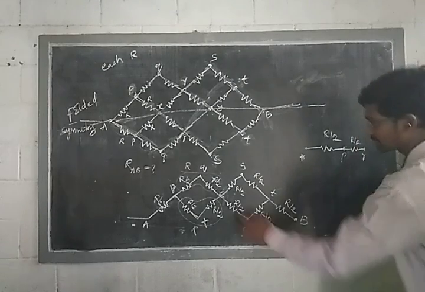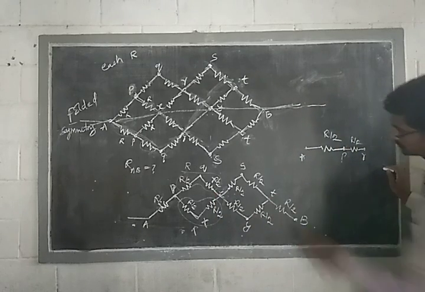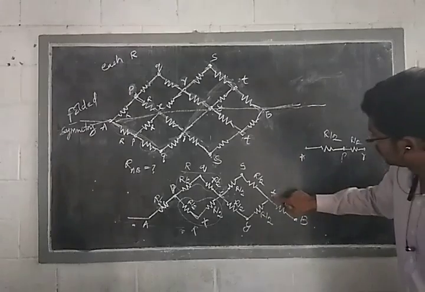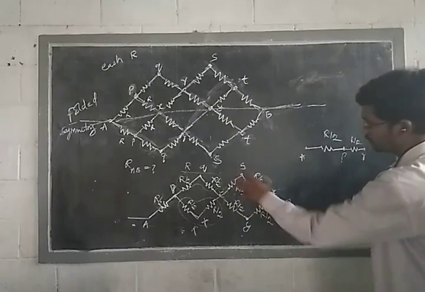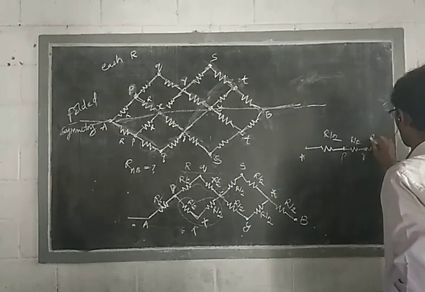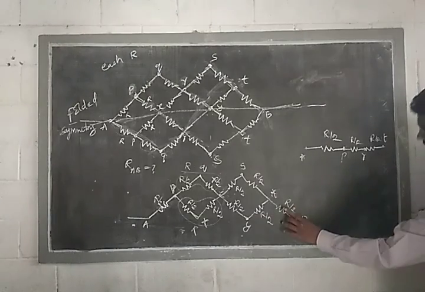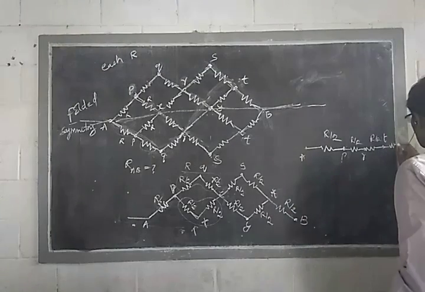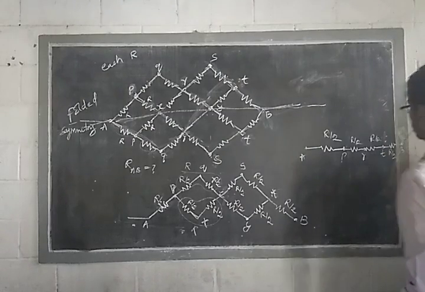Next, in between R and T. So same loop. For this also the equivalent resistance is what? R by 2. Next, this T and B, what do we have? B. R by 2.